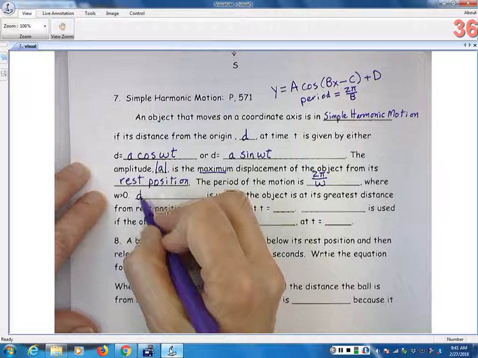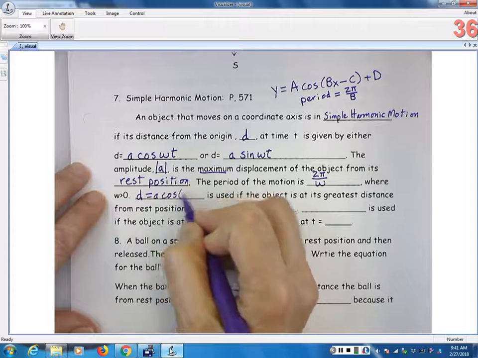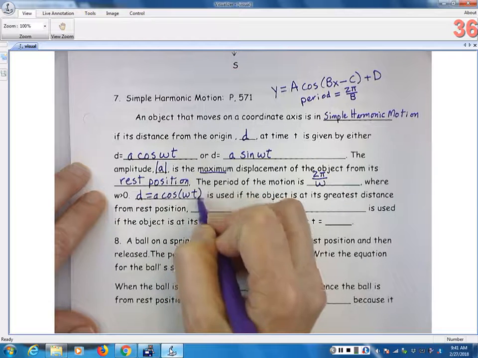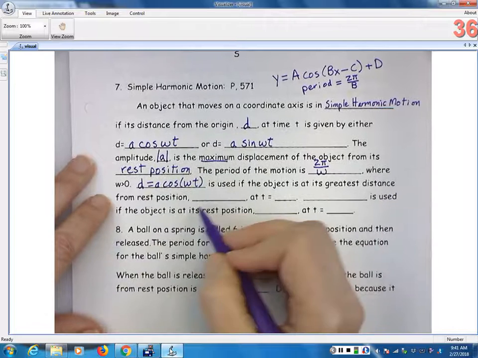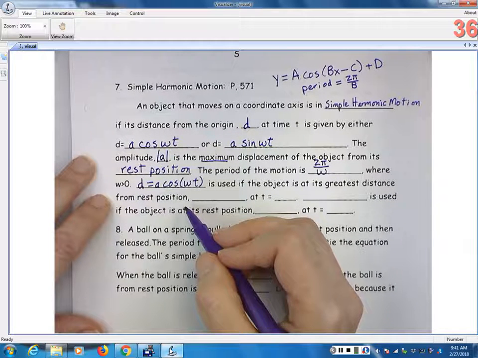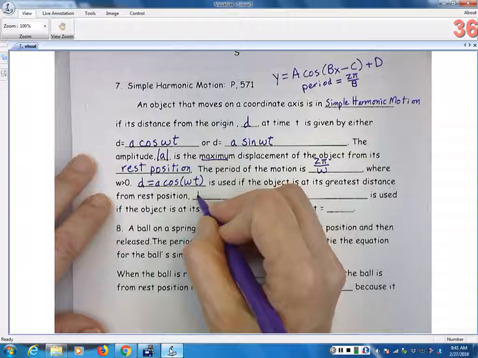So d equals a cosine omega t is used if the object is at its greatest distance from the rest position at the origin, at t equals 0.